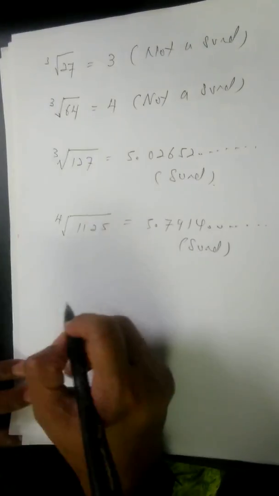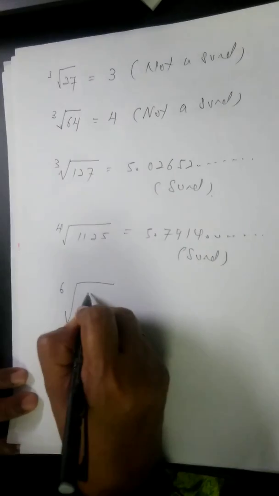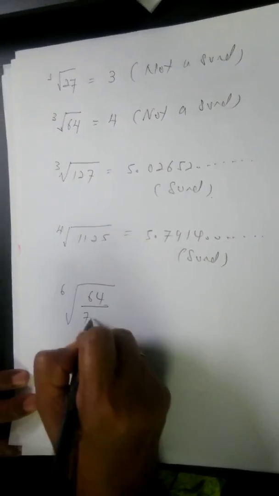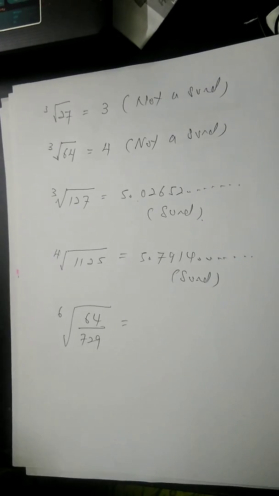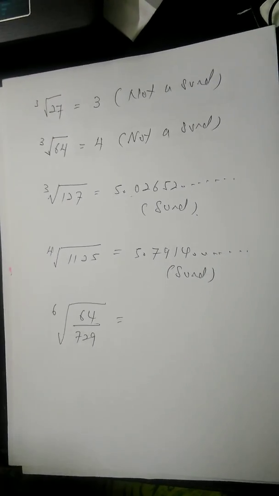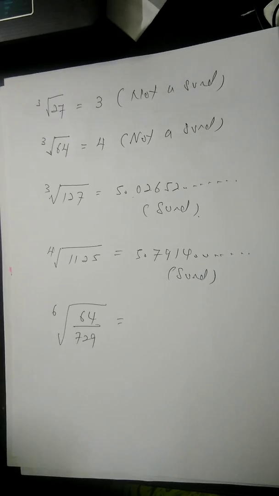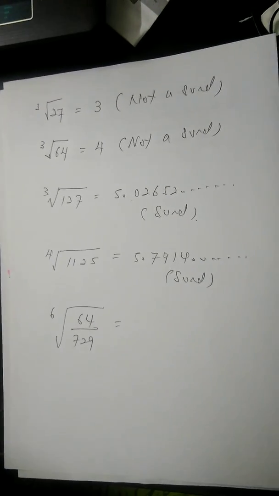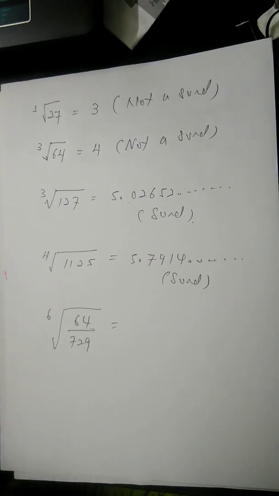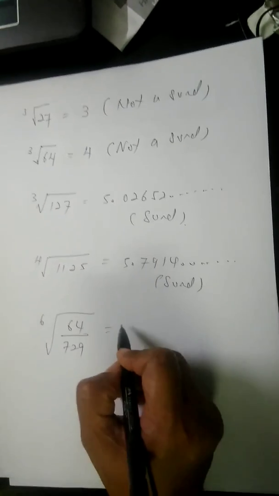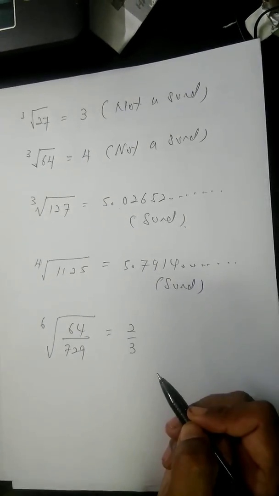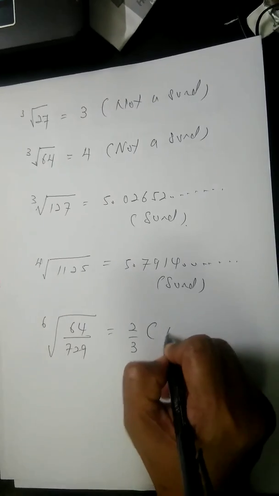One last example: the sixth root of 64 over 729. You work this out and you'll get 2 over 3. So this is also not a surd.